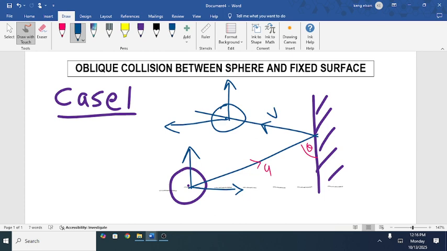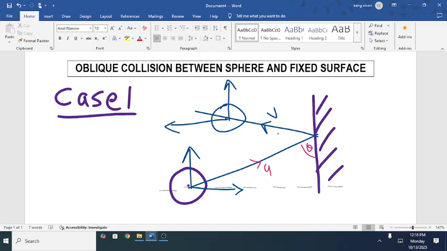So what's going to be the horizontal component? Just look at this right angle triangle here. Cos theta is adjacent over hypotenuse.